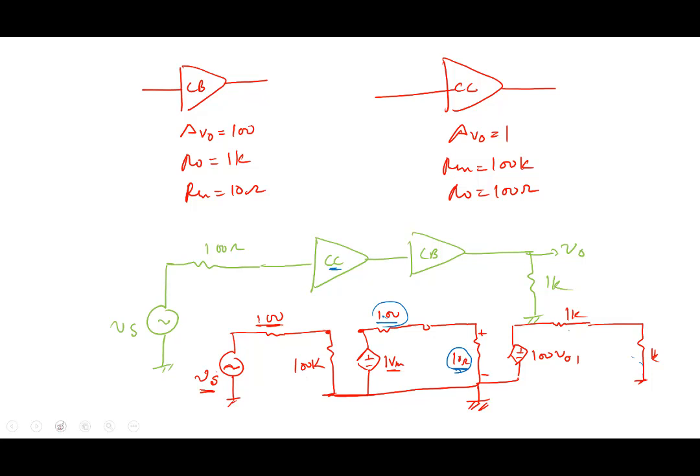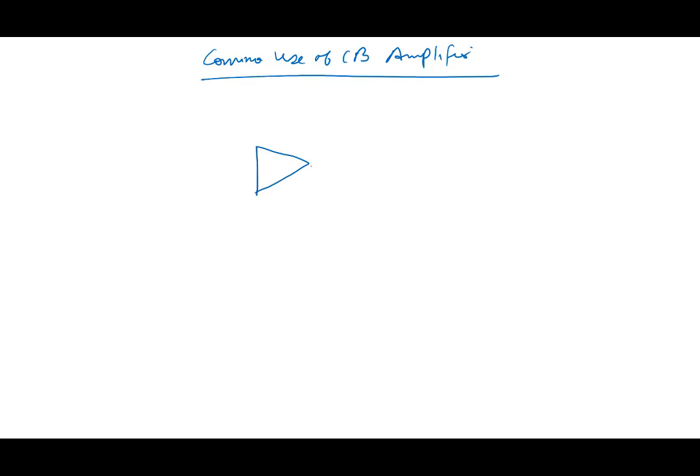The way a common base amplifier is commonly used is in this configuration. Common use of CB amplifier is like this here. Surprisingly, you'll see that I use it like this: CE followed by CB.